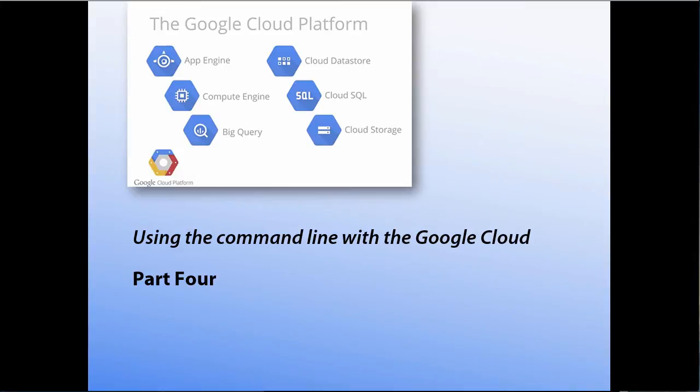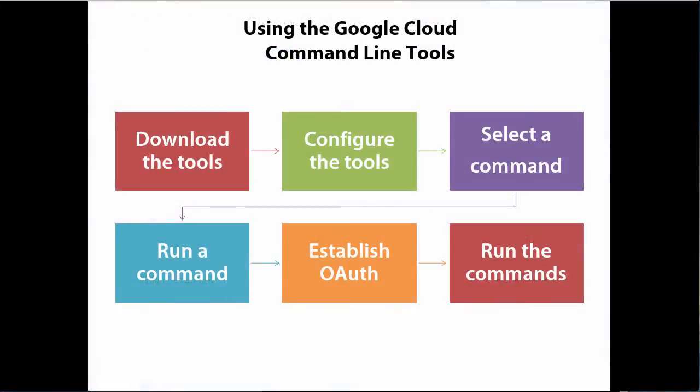So let's get started using the command line with the Google Cloud. Generally, this is the flow, so you can get a sense of working with it, and then we'll get into the specific tools in just a minute. You want to download the tool or tools, and as you'll see, Google is in the process of updating their tools, so how you get the tool depends on which tool you want to use and which service you want to work with.